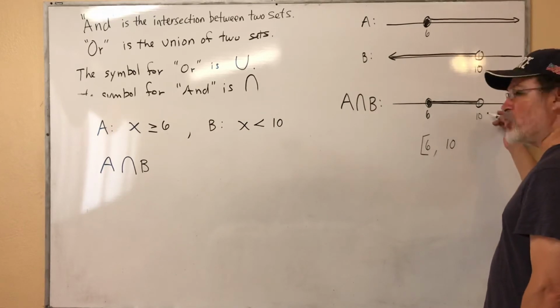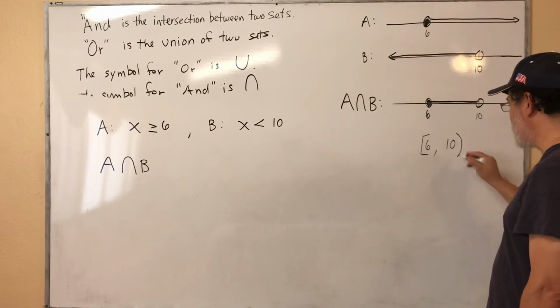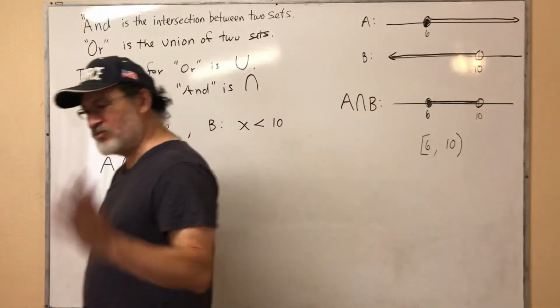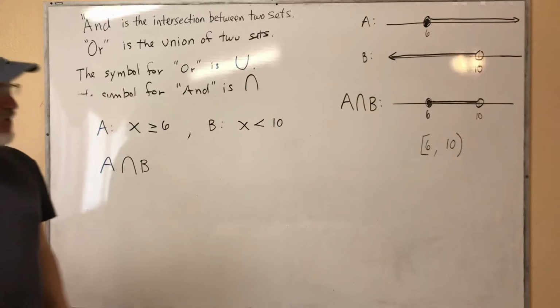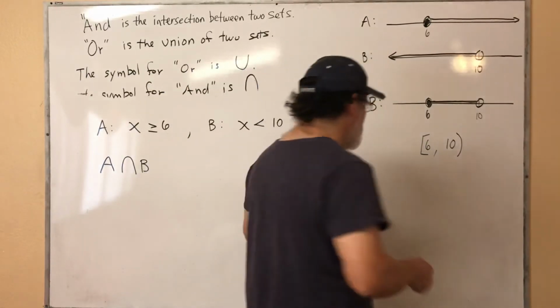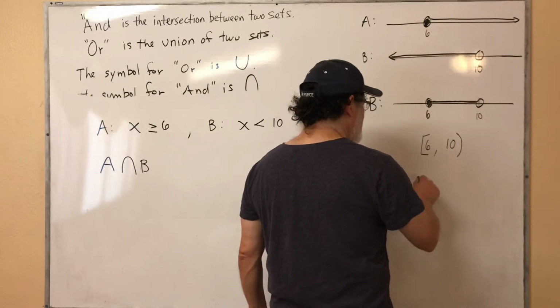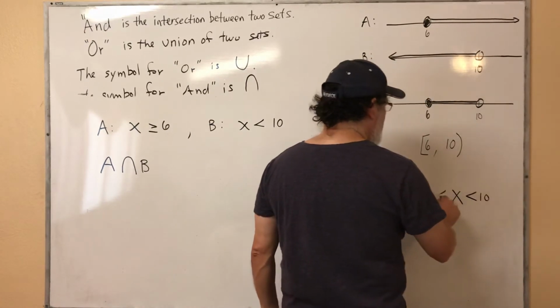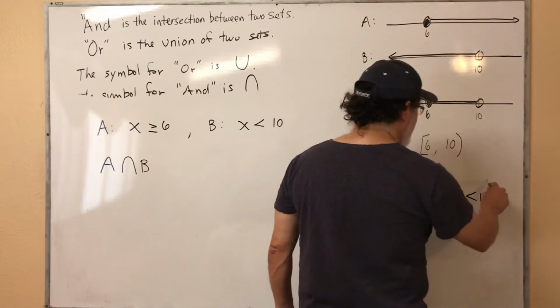Is 10 included? No. Parentheses. If you want to give the answer in set notation, you say x such that x is less than 10, greater than or equal to 6.